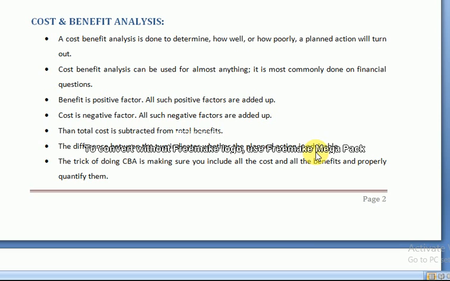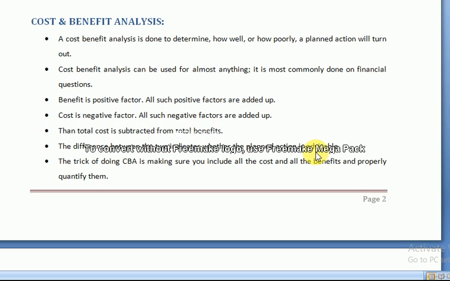So this analysis is called cost benefits analysis.